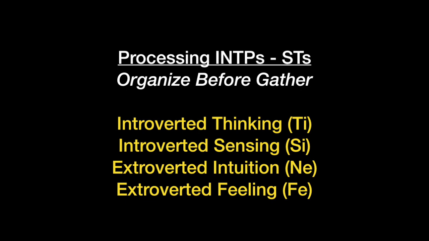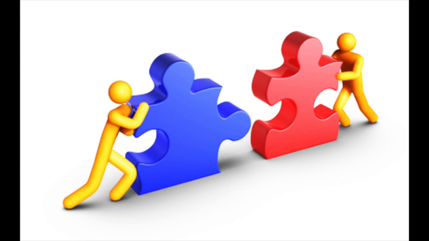So they are using their introverted thinking to find reasons and what works for them, and then they're organizing that information in reality and then bringing in outside influences and concept to see if it works with that S and that T.